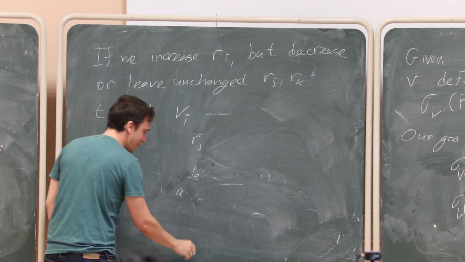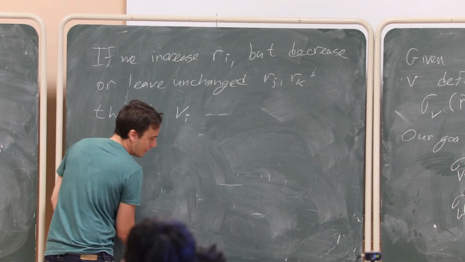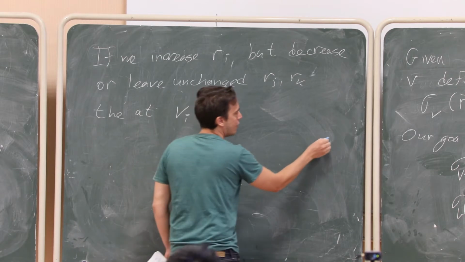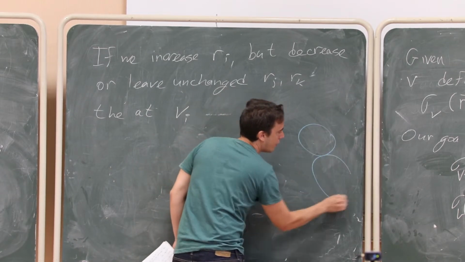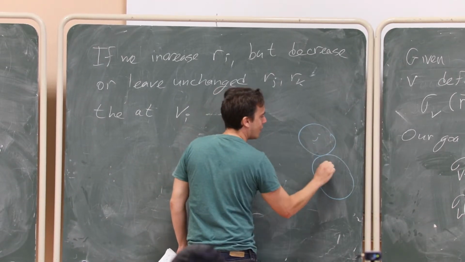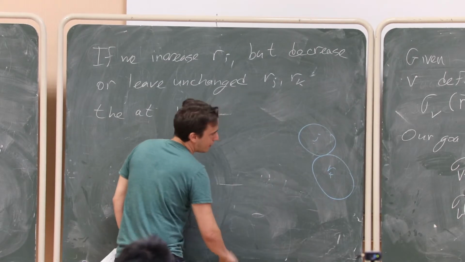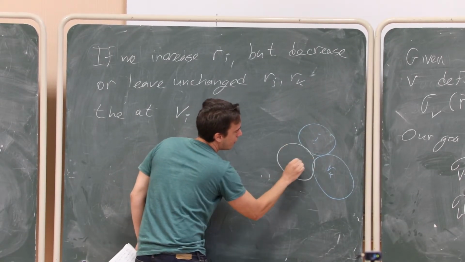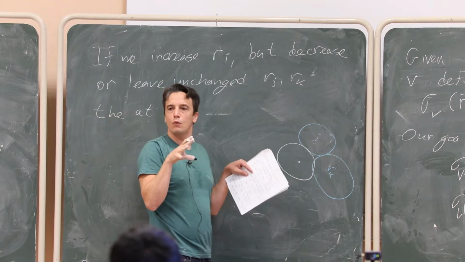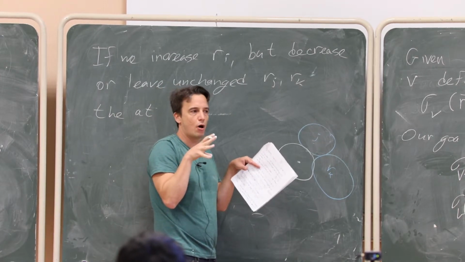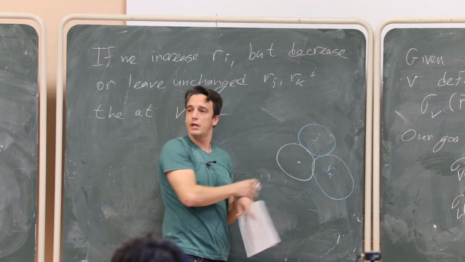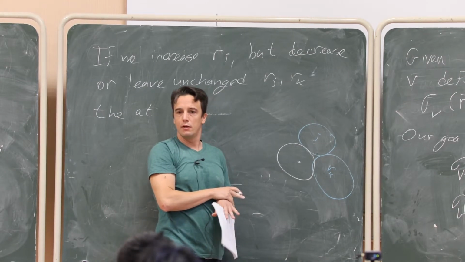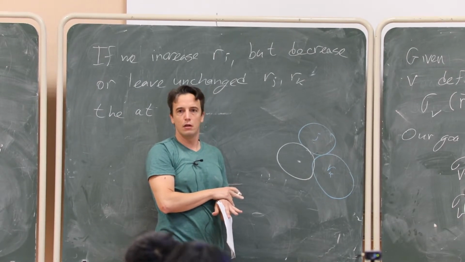Let's draw it. That's the only proof that we can have here. If I have these 2 circles Rj and Rk, and I have Ri here, and now I make the white circle become smaller and smaller, but it still is tangent to J and K. So what happens to the angle?